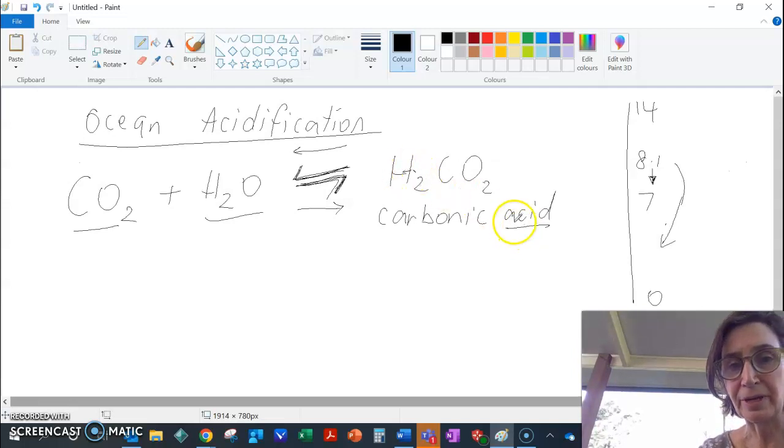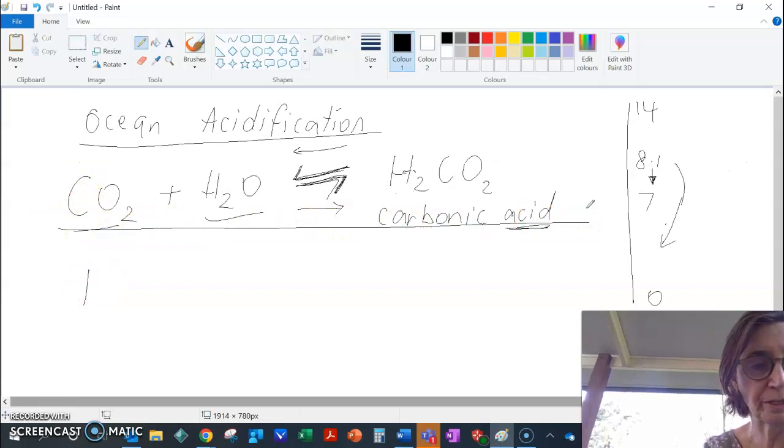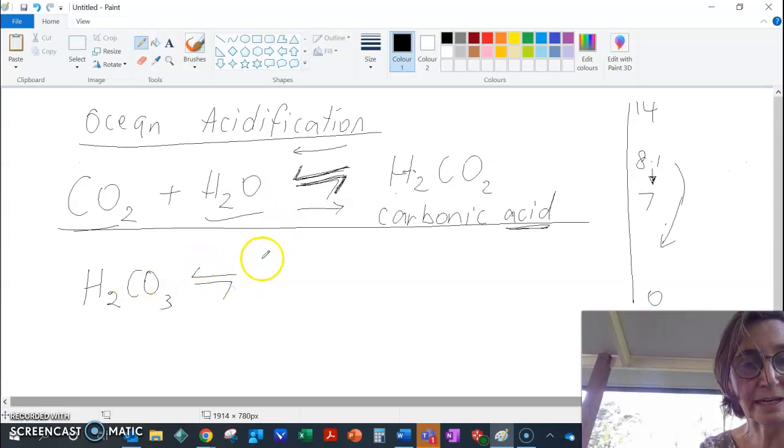Remember that an acid is formed because of hydrogen ions. So you can see that there's a couple of hydrogens in this carbonic acid. So let's have a look. We'll just ignore that top equation for the minute. We'll have a look at what is happening to carbonic acid and where the hydrogen ions are coming from. So carbonic acid itself breaks down in solution to form some other substances.